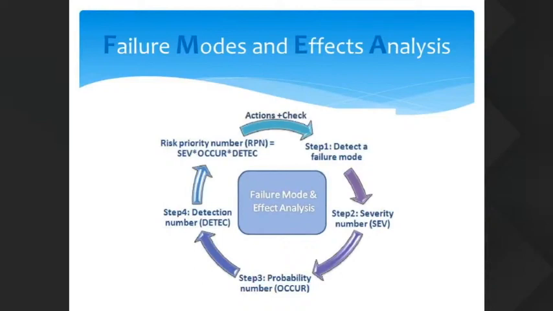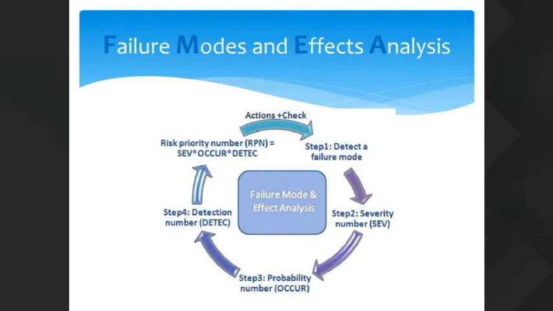FMEA should be an ongoing process where the team doing an FMEA will evaluate how severe the failure will be if it goes undetected, how often the failure occurs, and how difficult it is to detect the failure at given points in the process. The product of these three terms results in a risk priority number, or RPN.